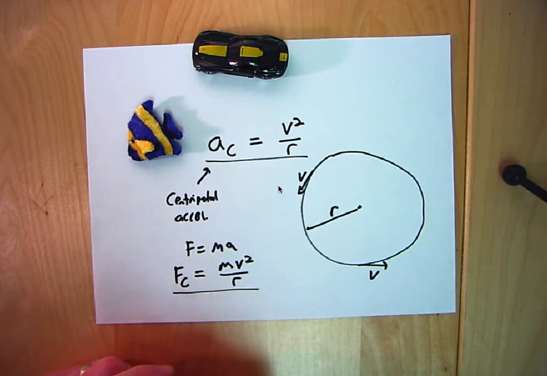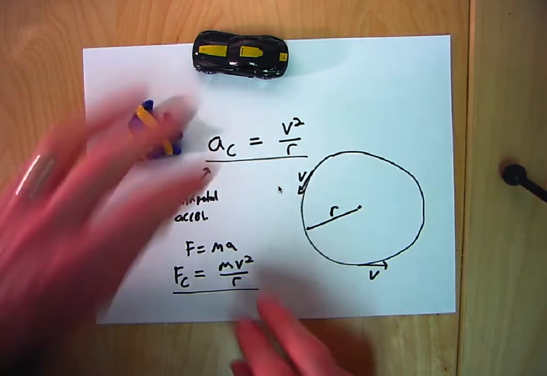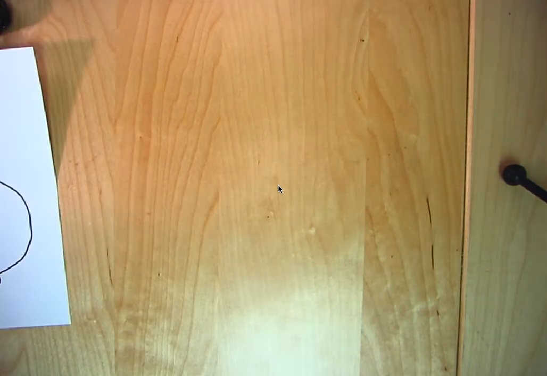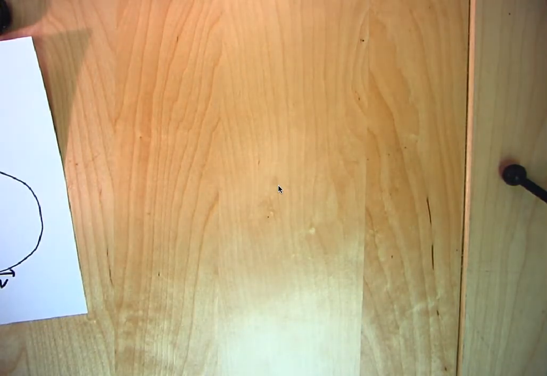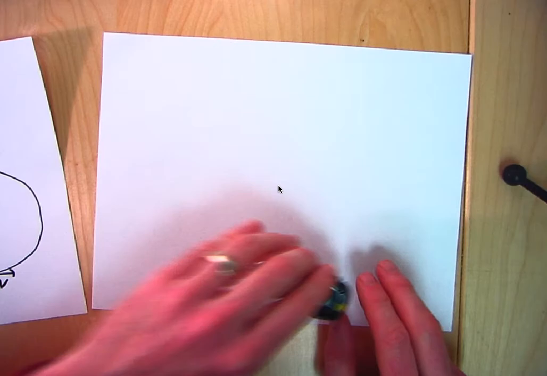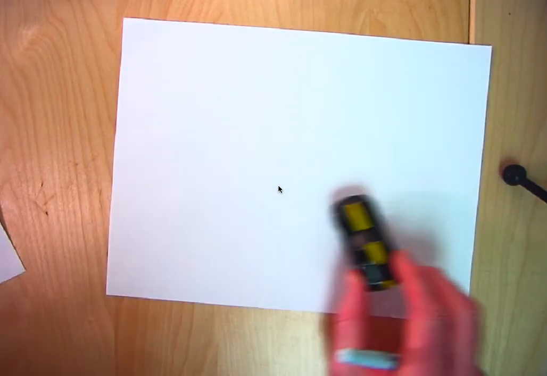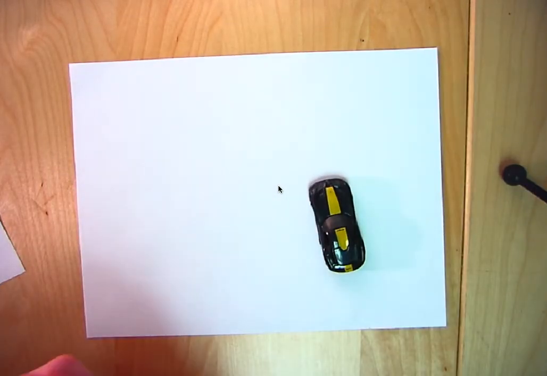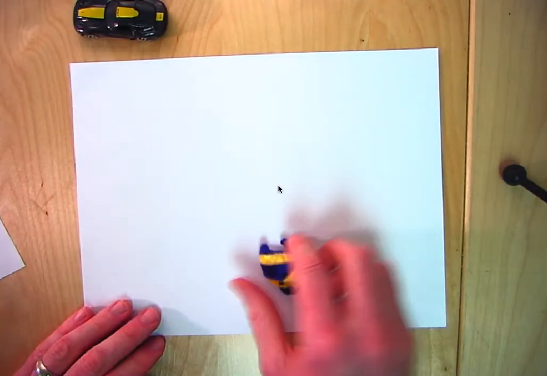I think that we should do an example. So let's get another piece of paper going, and we can do an example. Okay, there's our car again. Here we go. And maybe we'll make the fishy go around in a circle. Hi, fishy.